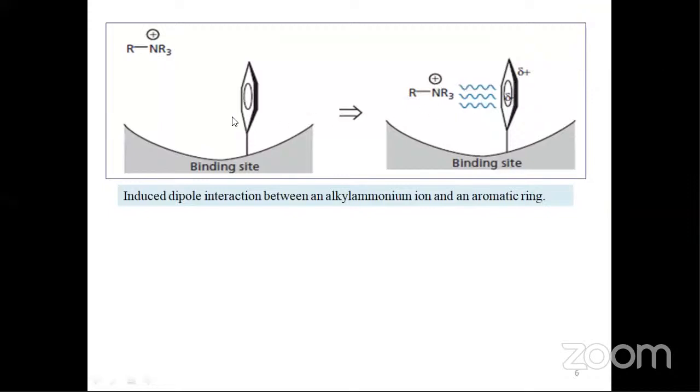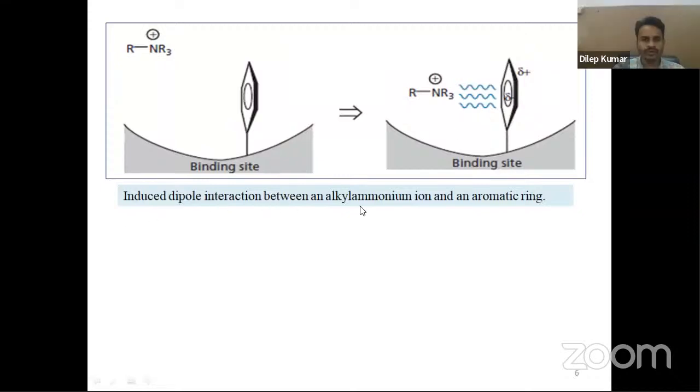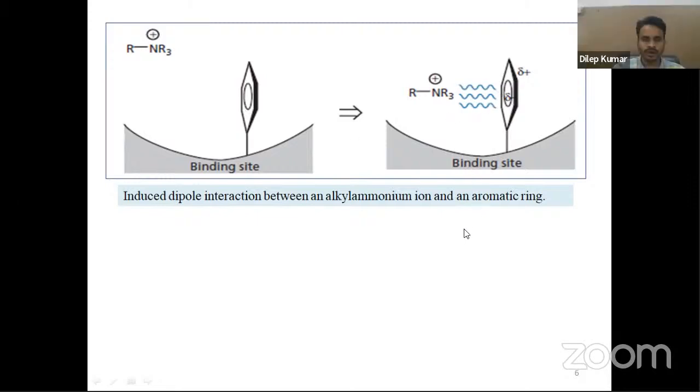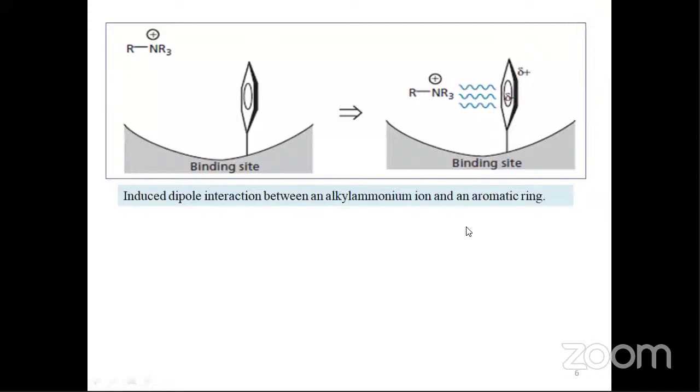Such an interaction is called an induced dipole interaction. That is typically seen between a charged species, which induces a dipole in the non-dipolar component, and there will be interaction.